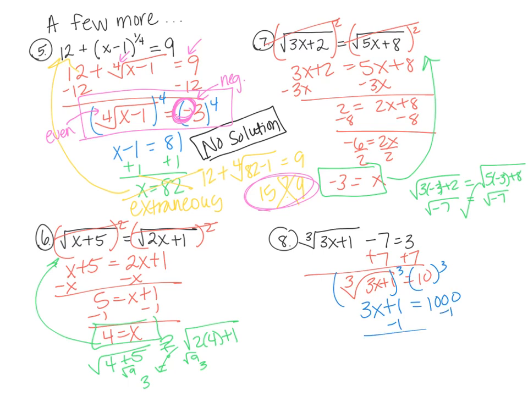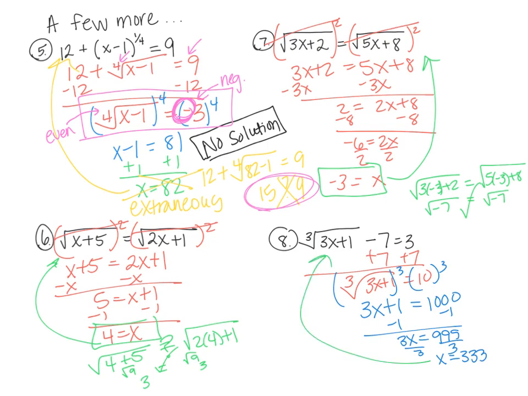Subtract that 1. Divide by 3. So I think that x is 333, but I'm not sure. So let's go back and plug it in, make sure we've got it.